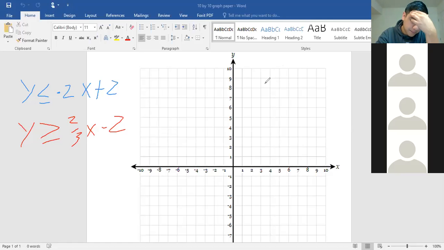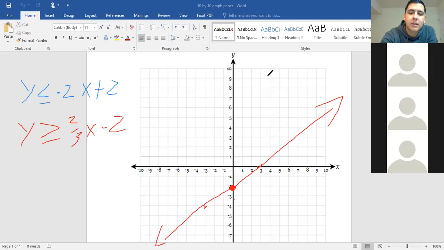But anyways, let me just do this last one. It says 2 over 3x minus 2. Okay, so it looks like 1, 2, 1, 2, 3, 1, 2, 1, 2, 3. Okay, so it looks something like that. It's a solid line.